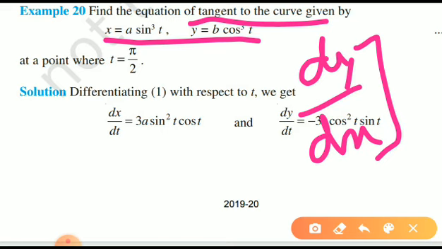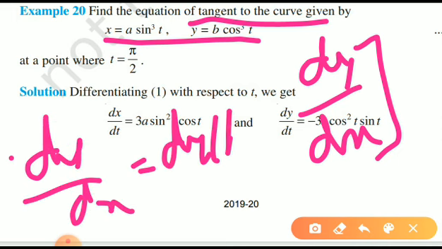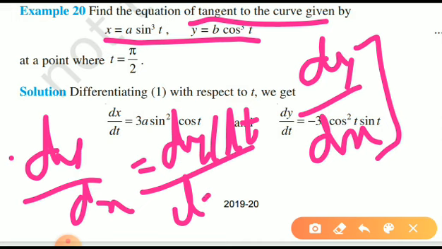Can I find dy by dx? Yes. We have seen how to do it if it is in parametric form. First find dx by dt, then find dy by dt, then dy by dx will be dy by dt divided by dx by dt.